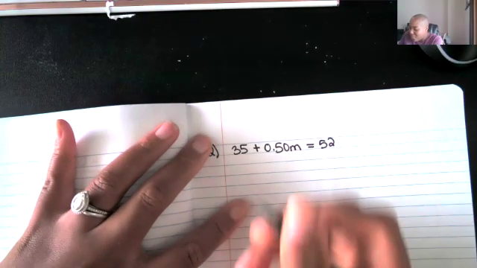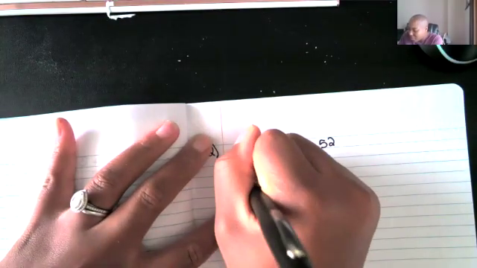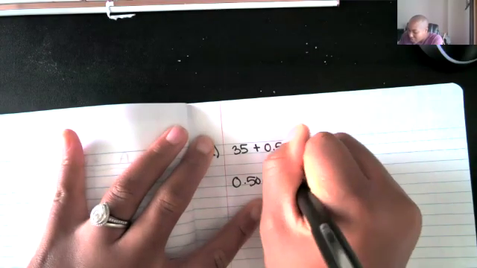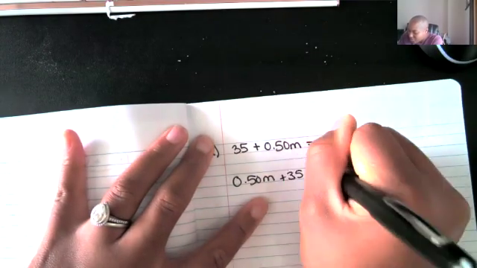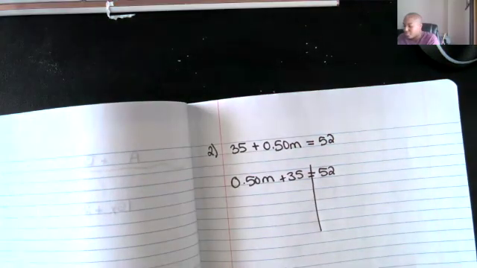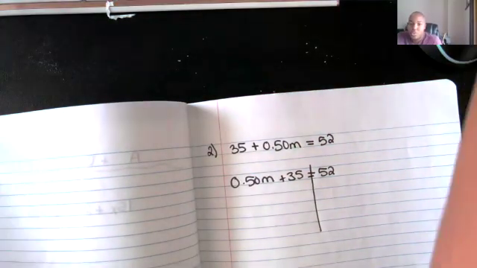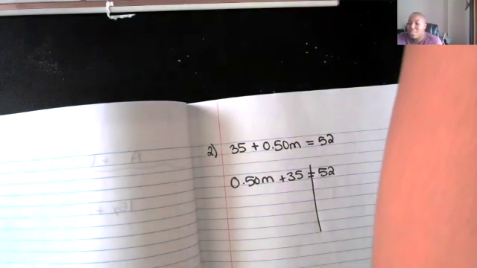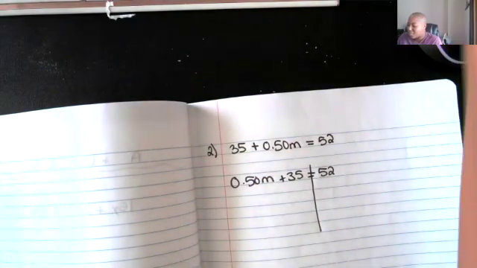So we want to know how many messages he sent to get a bill of $52. I like to have my variable first, so I'm going to rewrite this as 0.50 m plus 35 is equal to 52. Now we just need to solve for x. So we just do our normal solving steps. We need to get our variable term by itself. In this case, we have an m actually, not an x.